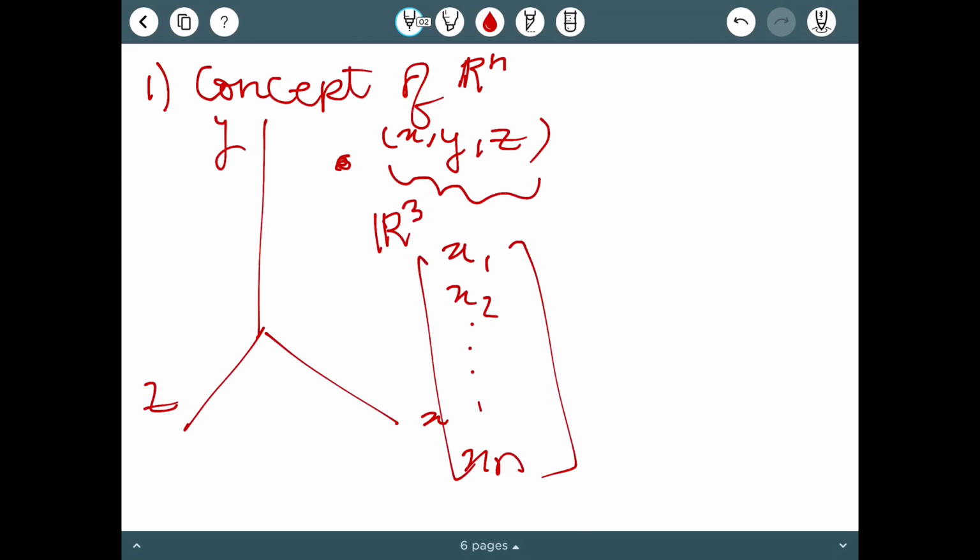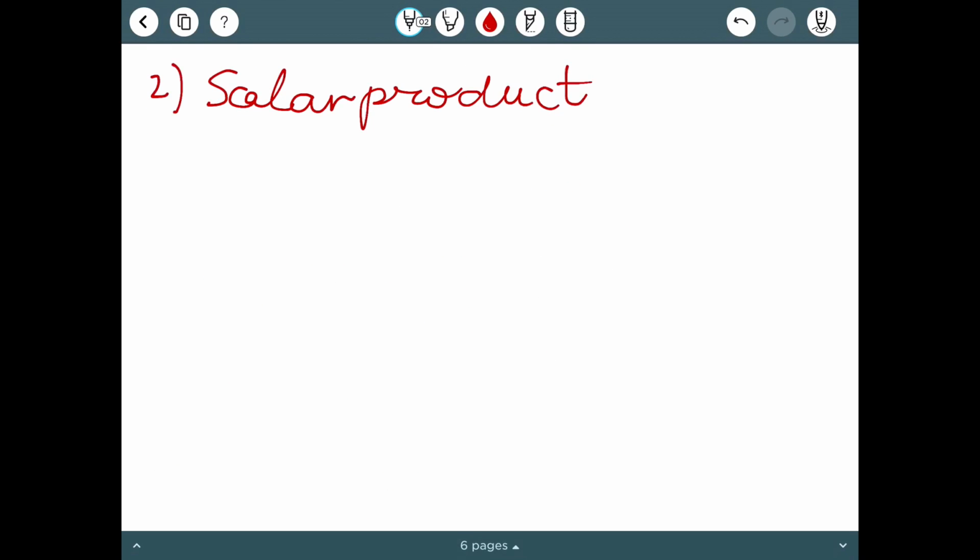So the set of all points that can be described with n coordinates forms a set of Rn. So this is what Rn really is. Just to mention, Rn does have a few properties which I'll come to in the tutorial.